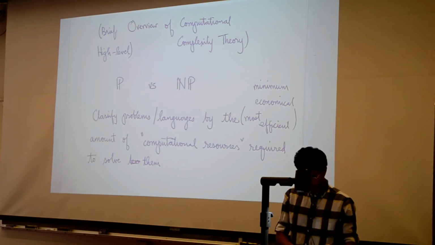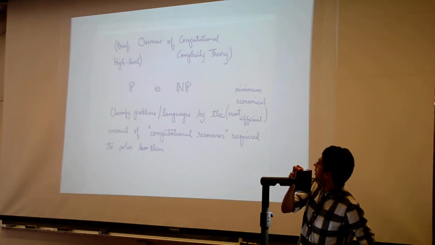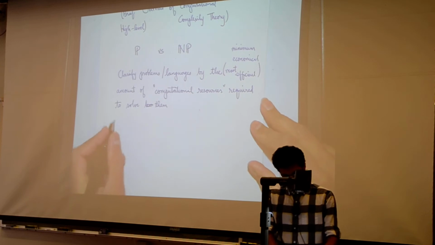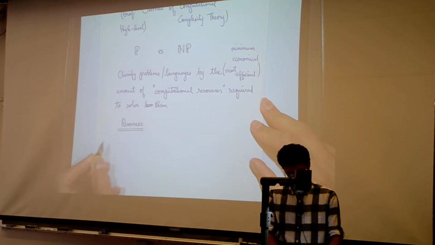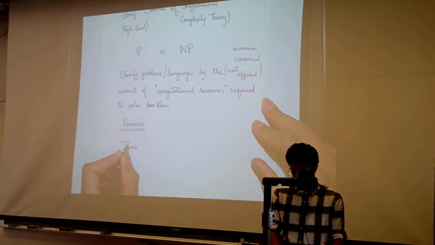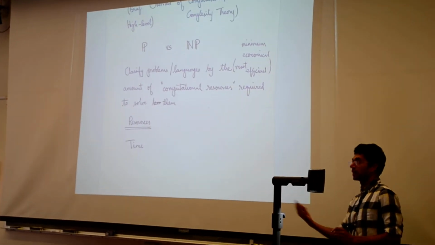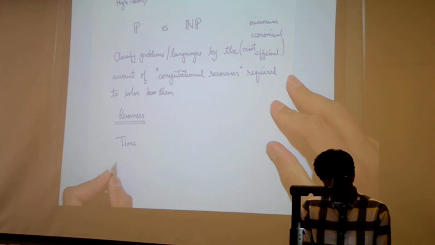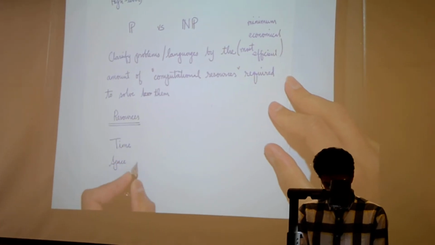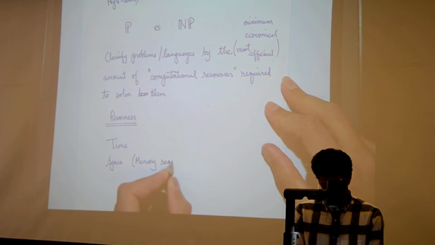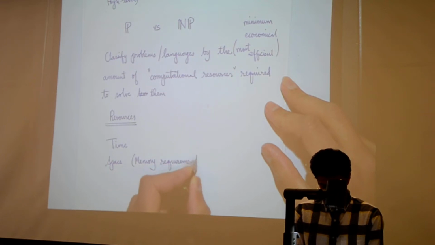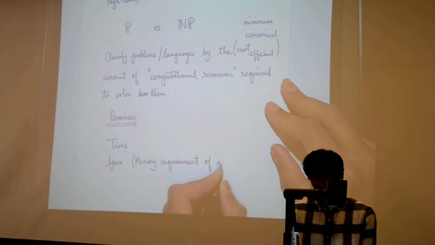So let me sort of write these things down. So resources. The obvious one is just time, right? Just the running time of the algorithm. Space, which is sort of the memory requirement of the algorithm.